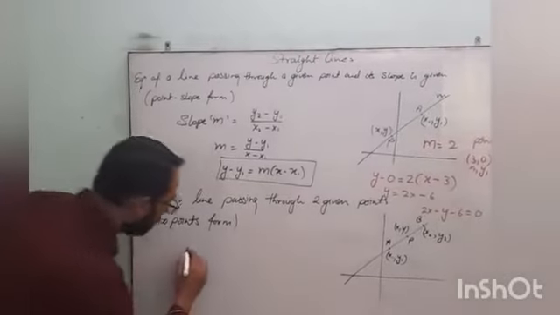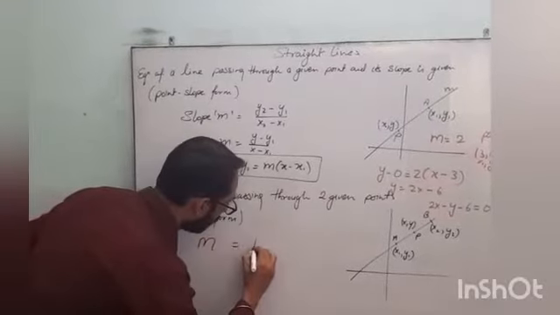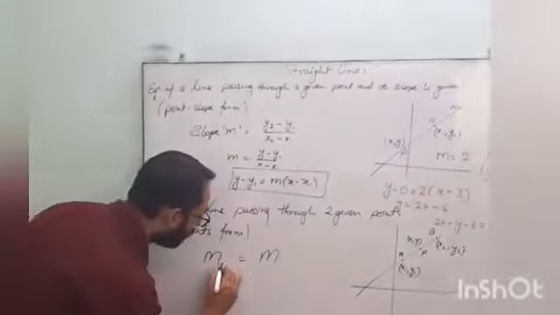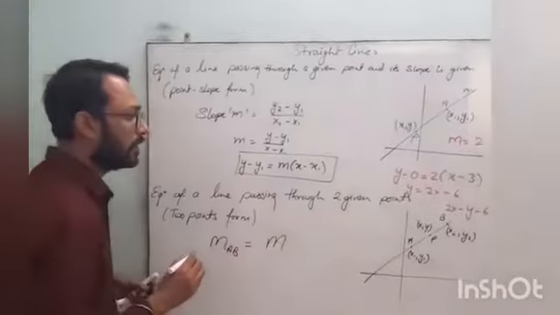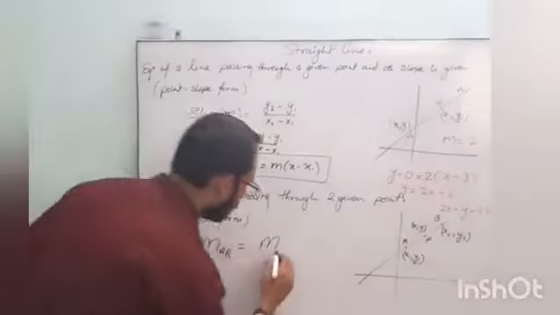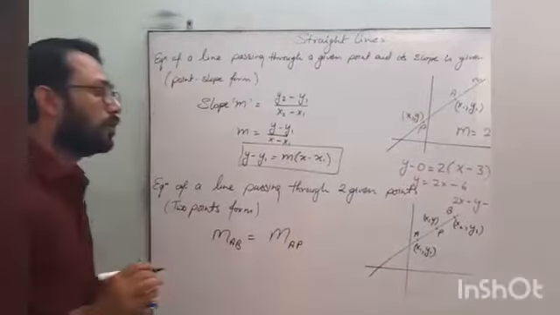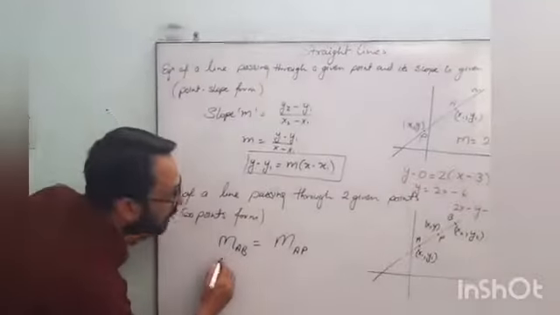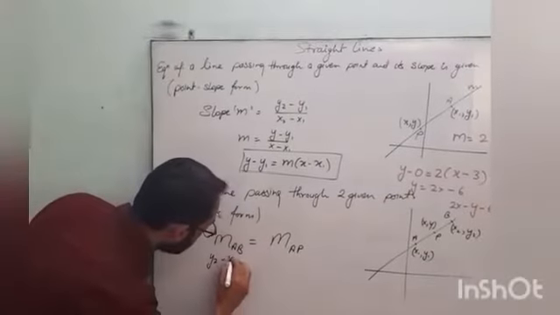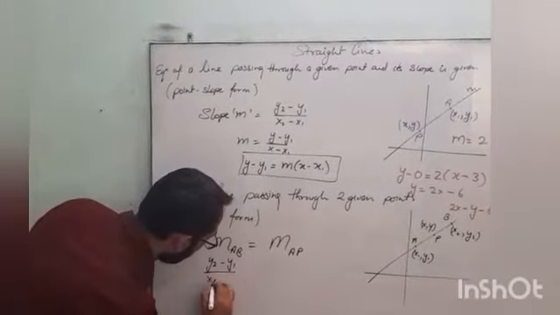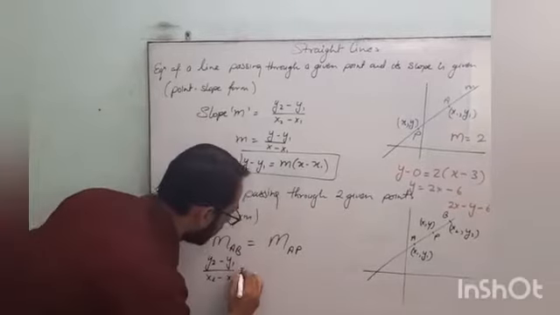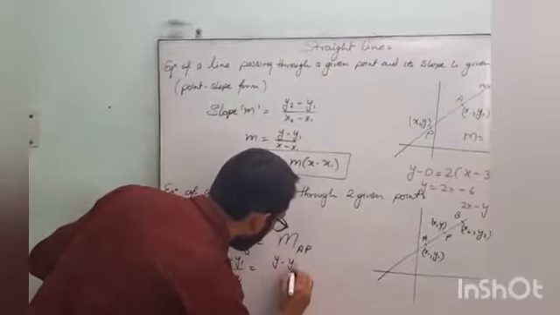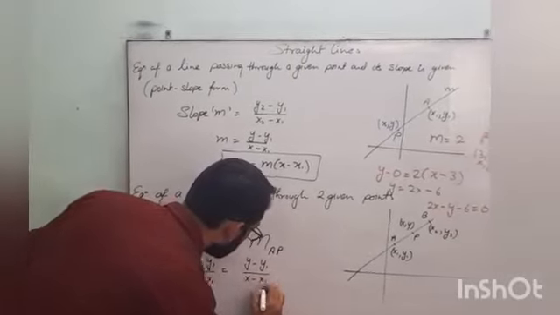So slope m for this line in all the conditions will remain the same, like slope of AB will be equal to slope of AP. Now slope can be calculated as, for AB, y2 minus y1 upon x2 minus x1 equals slope of AP, which will be y minus y1 upon x minus x1.